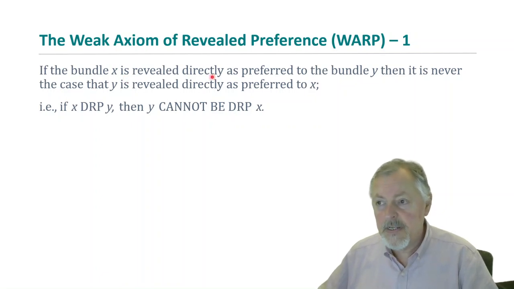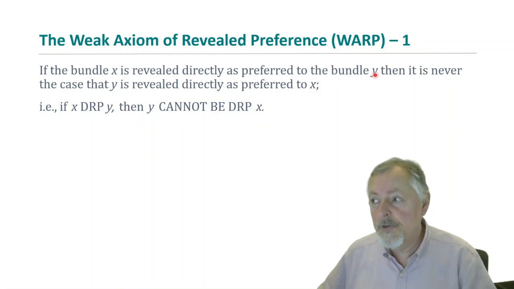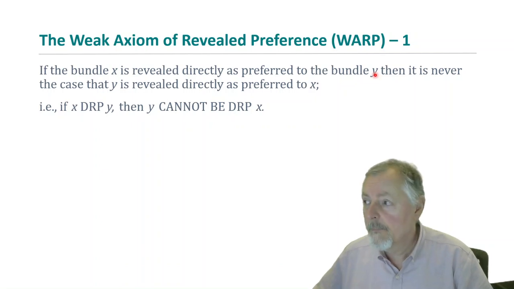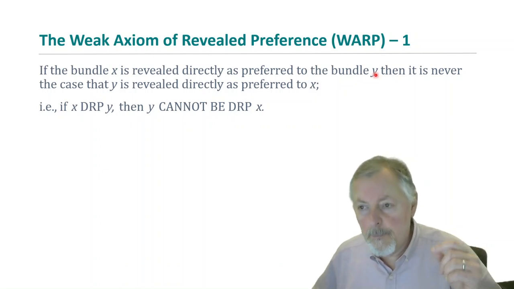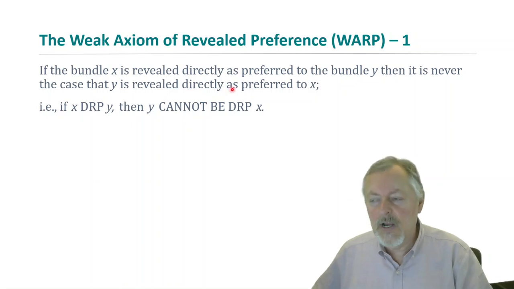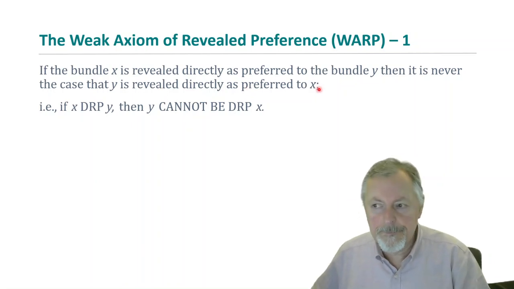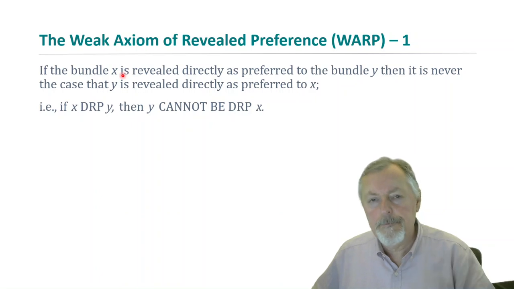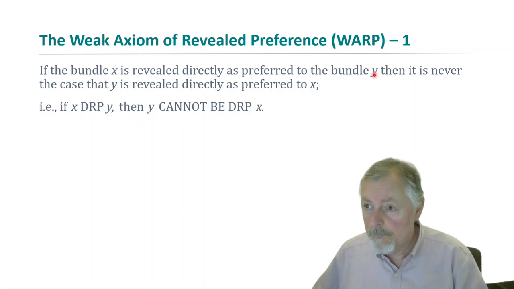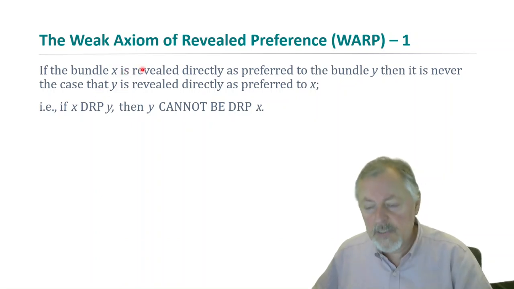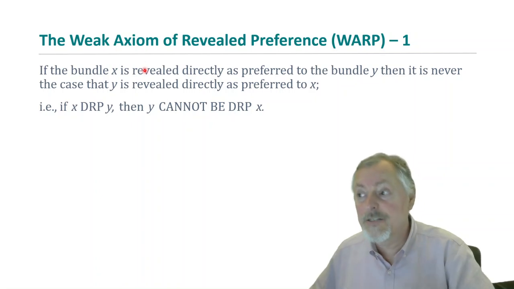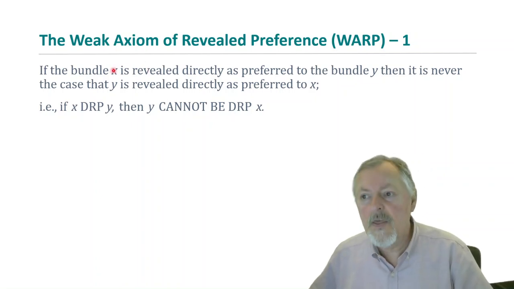If bundle X is directly revealed preferred to bundle Y, then bundle Y cannot be directly revealed preferred to X. This means if X and Y were both affordable and the person picks X, then when both are affordable, the person will never pick Y, because they have directly revealed in a direct comparison they like X better than Y. If they can afford both, they will always pick X.